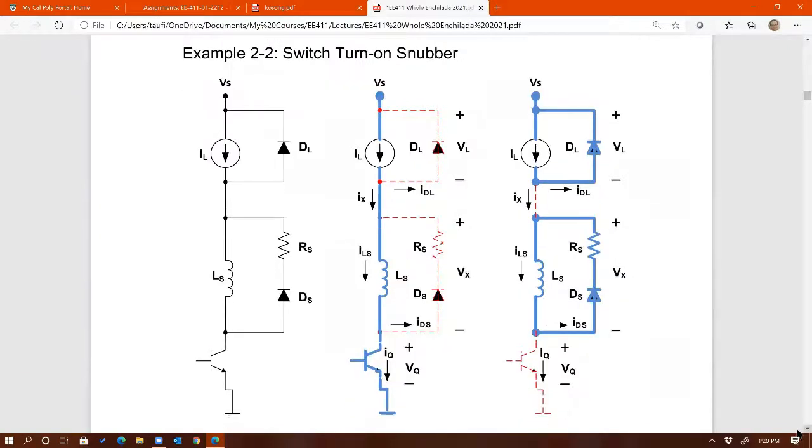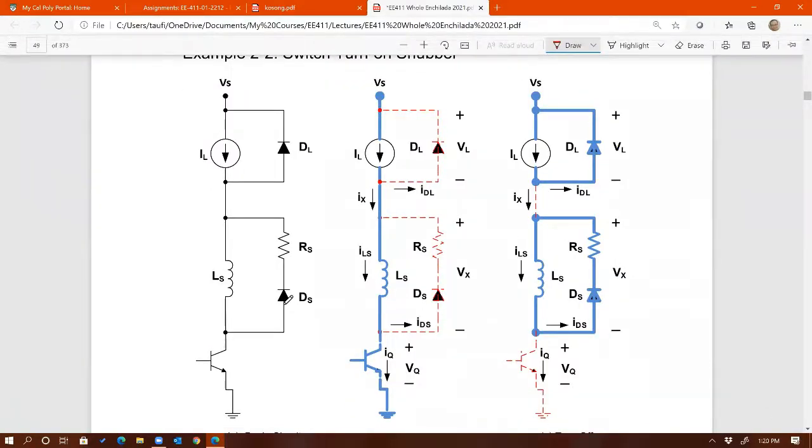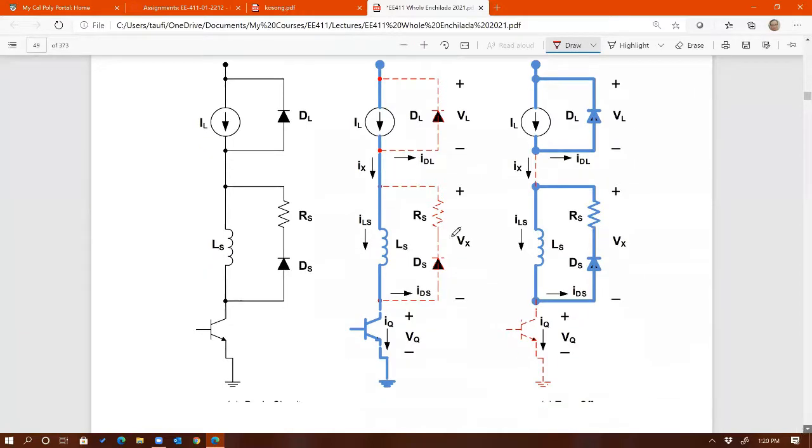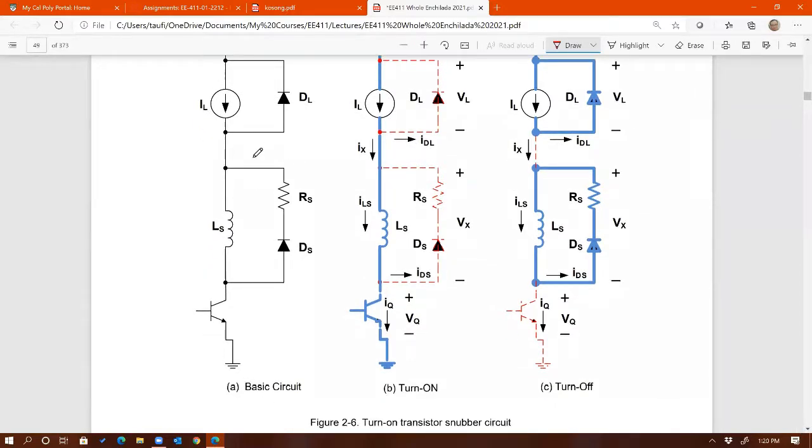This snubber circuit is being used for turn-on time, for the time when the switch is turning on. The previous one is for turning off. The reason why I want to skip this is because this is not really a practical circuit. It's good to learn the concept, but as you can see, this circuit is using an inductor, right?